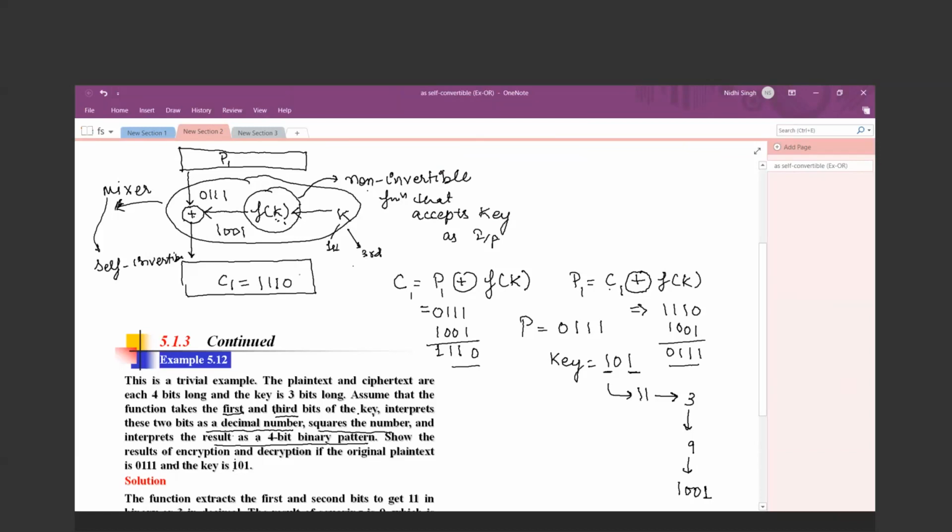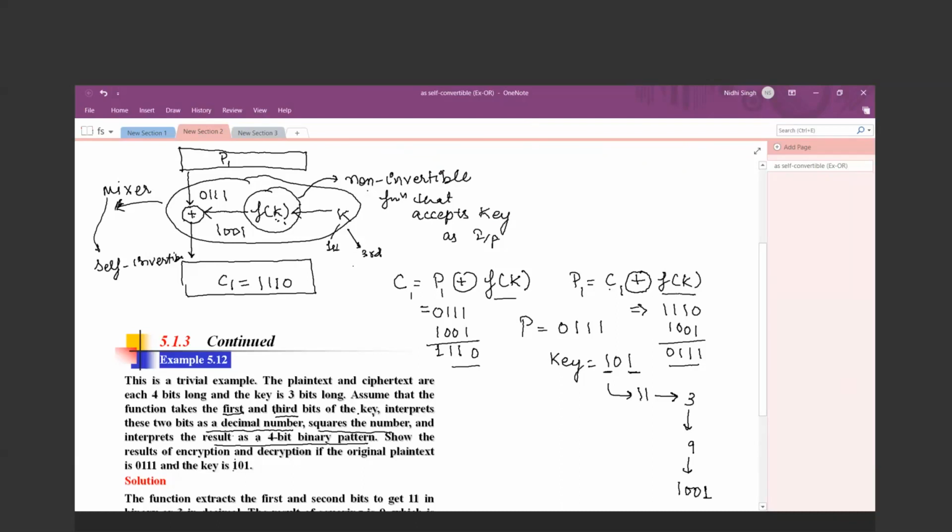Right? So how was this possible, that we are using the non-invertible components, but we have successfully generated the corresponding plain text at the decryption procedure? The reason is the nature of the mixture is self-invertible, because this will cancel the effect of Fk in the encryption with the effect of Fk in the decryption process.